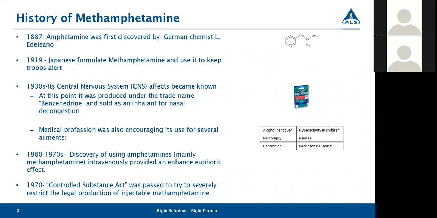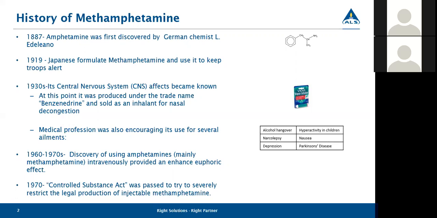First, we'll discuss the history of methamphetamines. This slide here shows the timeline for several different key points during the time frame of methamphetamine development. As you can see, amphetamine and the formulation of methamphetamine has been around since the late 1800s and into the early 1900s.